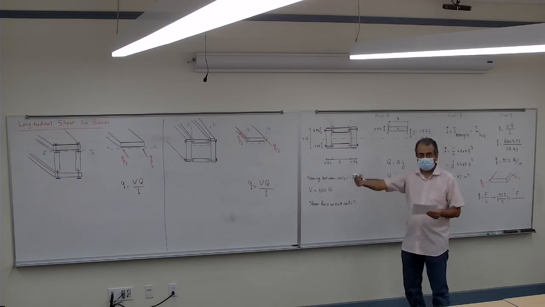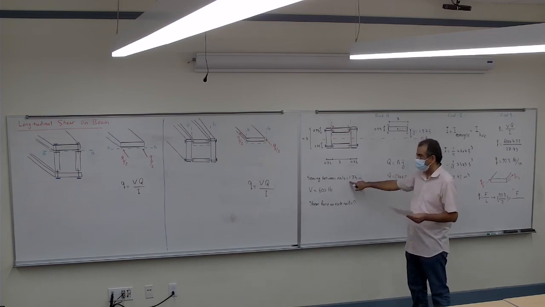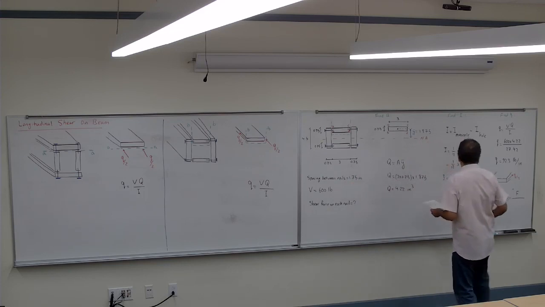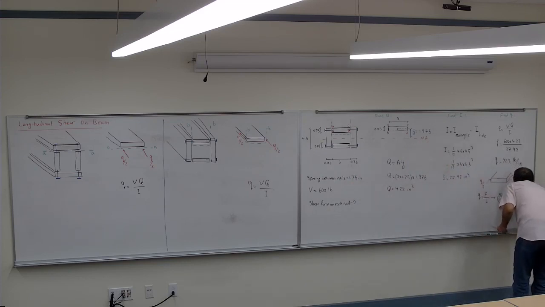I want to know how much force is going to be at every 1.75 meters. So the force would be 80.8 pounds.